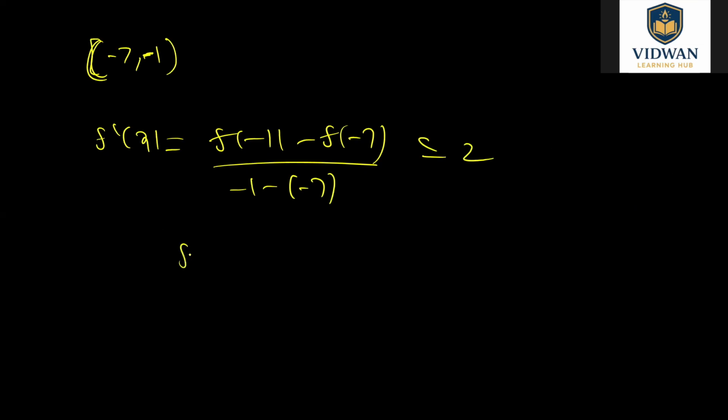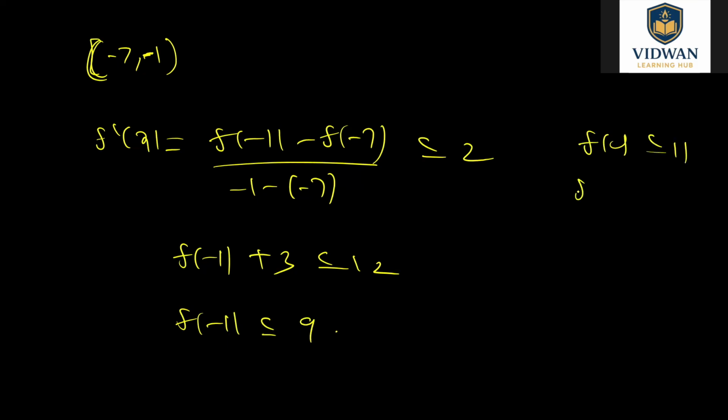So f of minus 1 we don't know. f of minus 7 is minus 3. So this will become plus 3. In the denominator, we'll get 6. So less than or equal to 12. So f of minus 1 is less than or equal to 12 minus 3, that is 9. And we already had f of 0 less than or equal to 11. Now we got f of minus 1 less than or equal to 9. So the sum of these two is therefore less than or equal to 20.